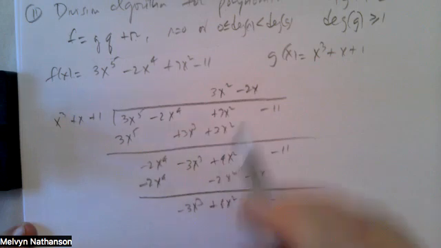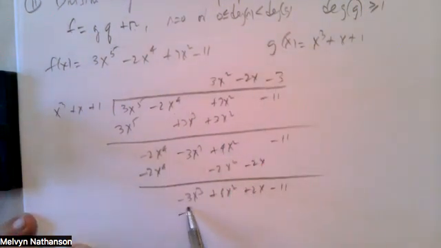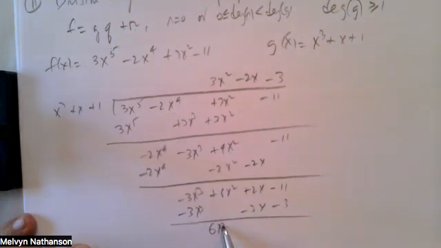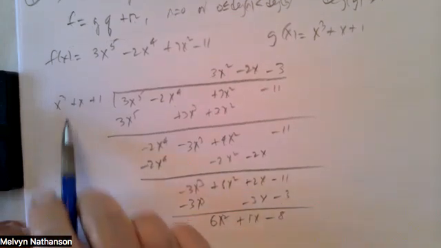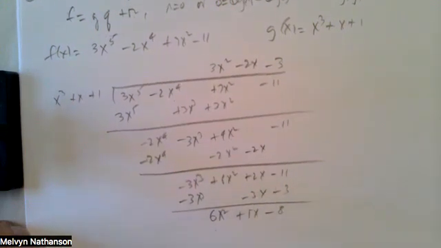X cubed into minus 3x cubed goes minus 3 times. So I get minus 3x cubed minus 3x minus 3. I subtract, I get 7x squared plus 5x minus 8. And x cubed doesn't divide into a polynomial of degree 2, so I'm done.